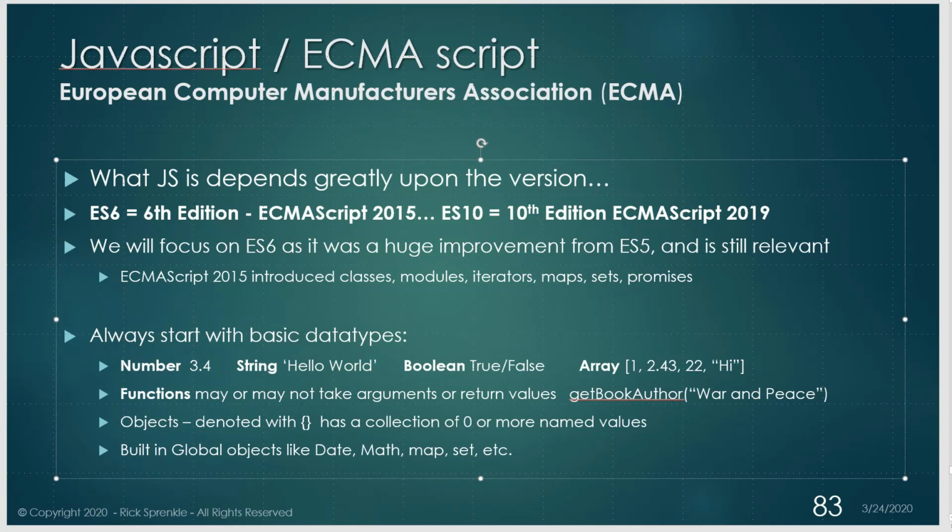In addition to the object and the basic functions and data types, there are also built-in global objects, and those have continued to extend as the different ECMAscript versions have evolved. Hence the ES6 added maps and sets and promises. So those were added as well.